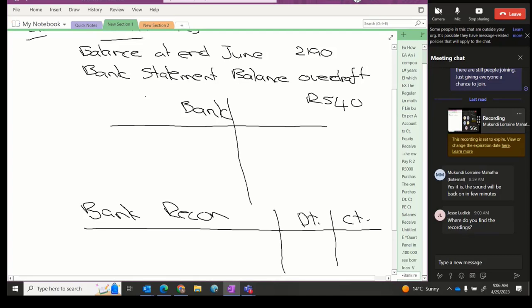They say that the balance at the end of June is 2190. They don't really say whether it's positive or negative, so we assume that it's positive.